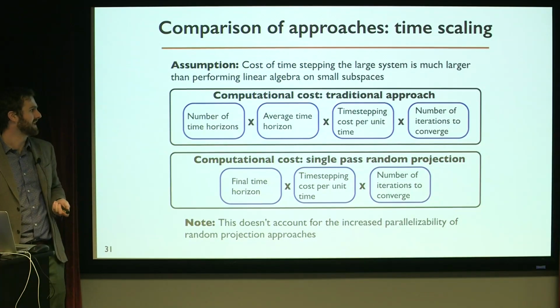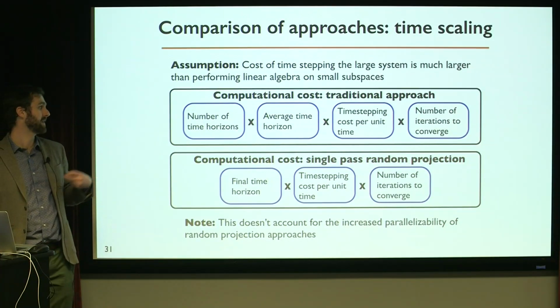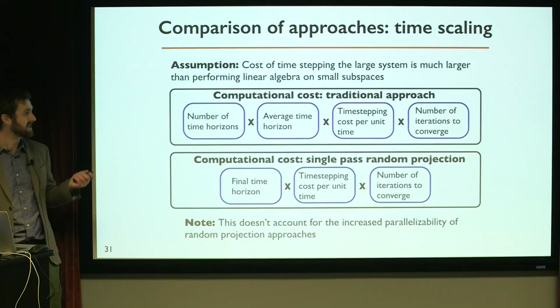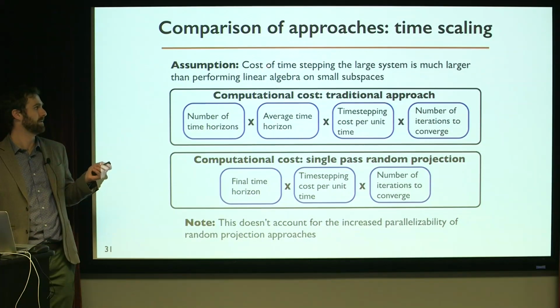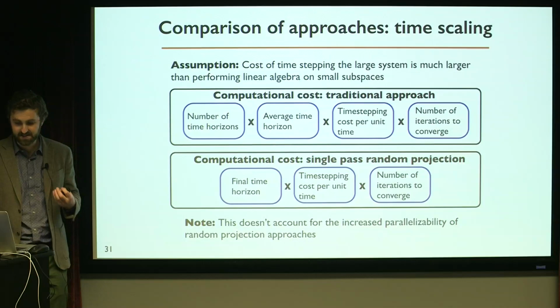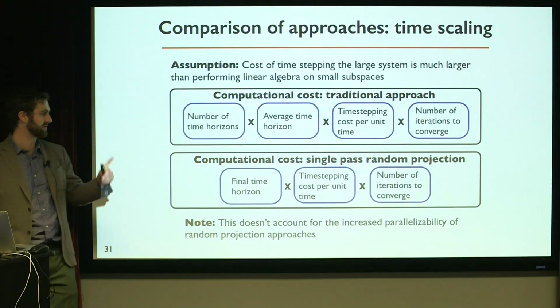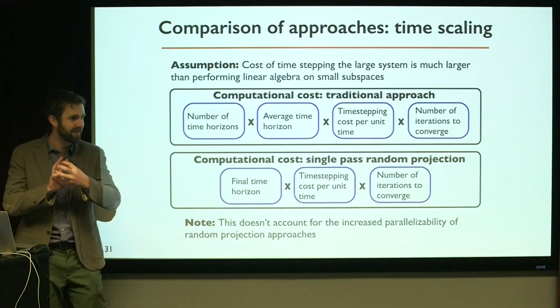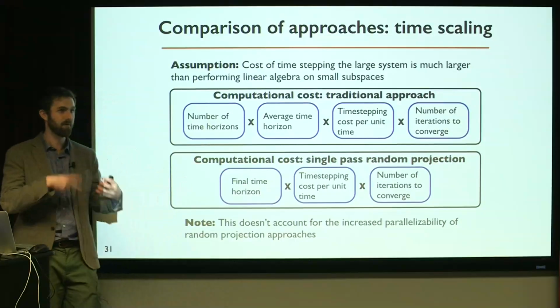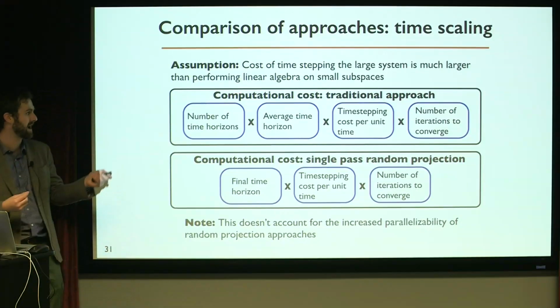So the takeaway here is that these randomized methods become very highly parallelizable and are particularly suited for this type of analysis where we need to study not just one linear operator, but a whole family of linear operators that are parameterized, in this case, by our time horizon.